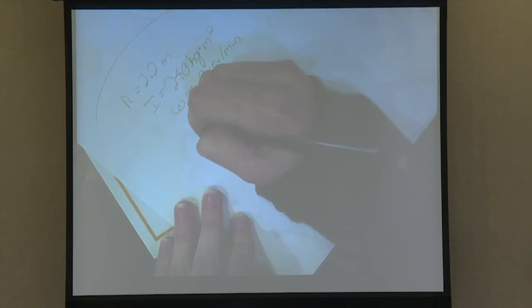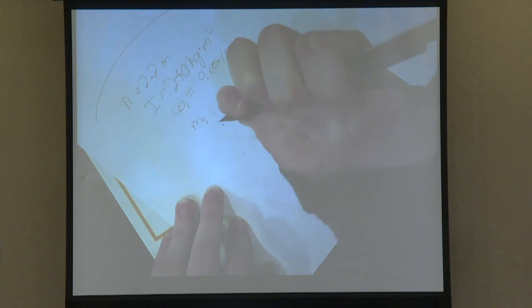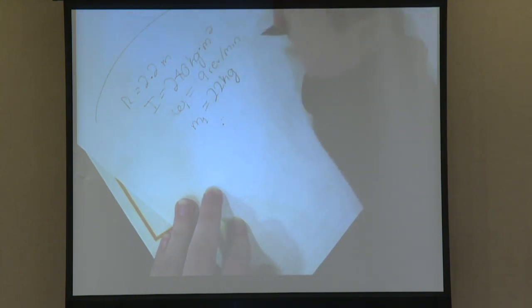Then we're adding a 22 kilogram child who sits on the edge. So then we're trying to find the second angular velocity.